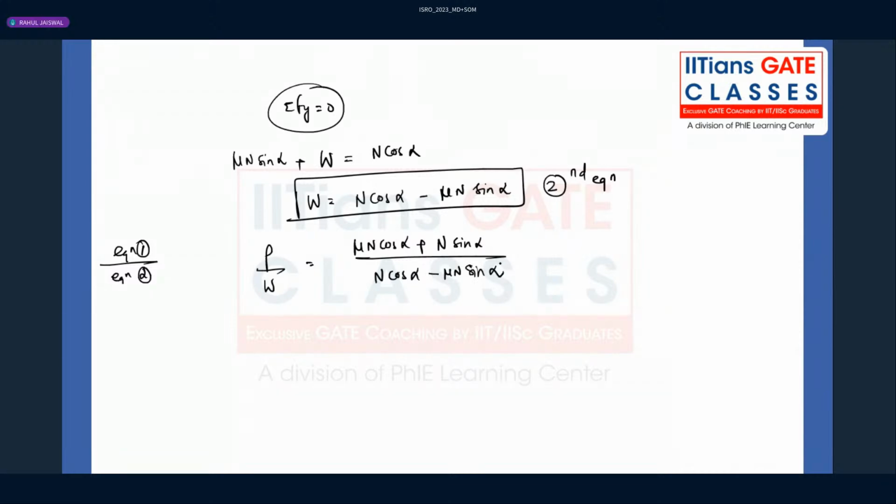Now what you have to do, you can take n as common, and you get mu cos alpha plus sin alpha divided by cos alpha minus mu sin alpha.